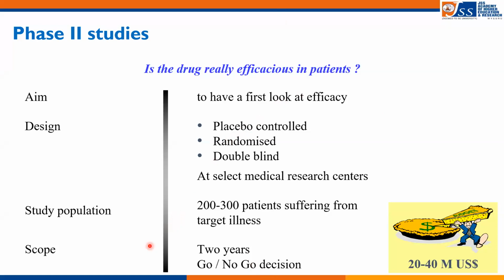That means you are not going to use healthy human volunteers. You are going to enroll the patients who are suffering from this particular illness. It will take almost 2 years and the cost is about 20 to 40 million US dollars. At the end of the studies, you can understand whether you need to go to phase 3 studies or stop the entire process of clinical trial here.